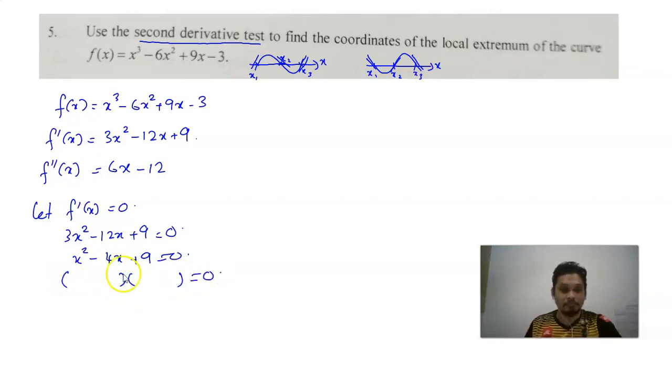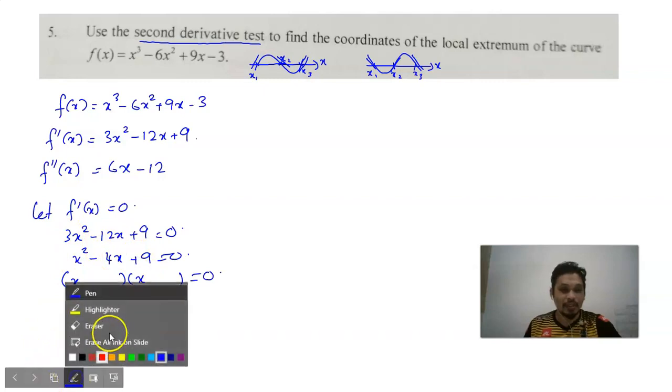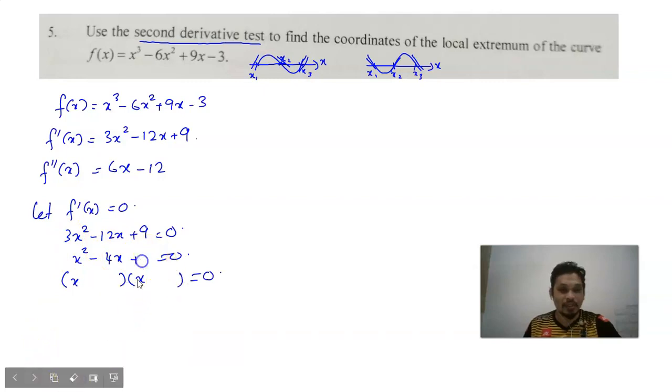And then x and x, 9. What about this one here now? It's supposedly 3, sorry.